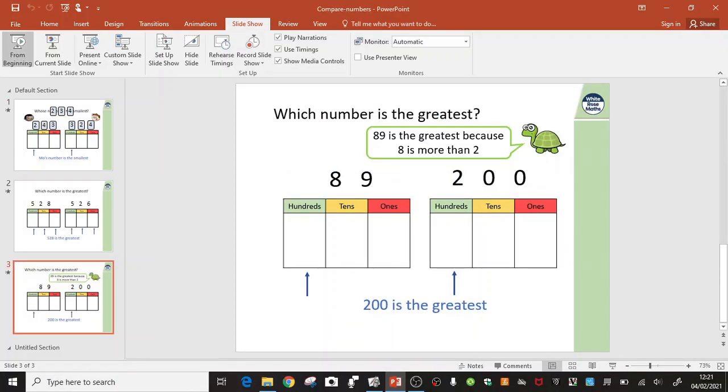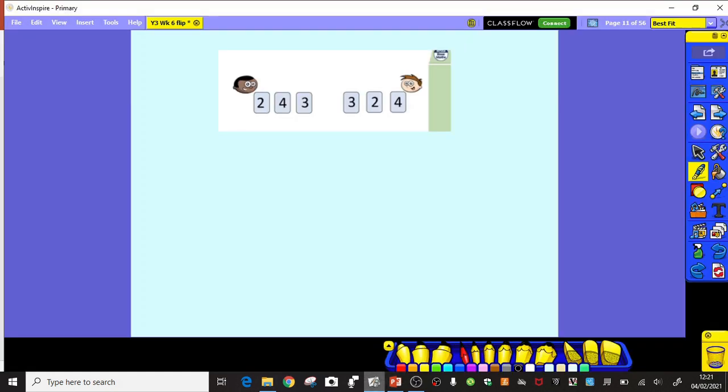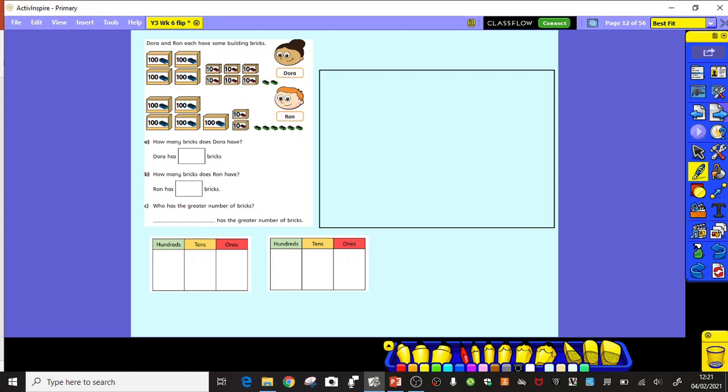Okay, so let's go back to our board. Now, here we've got a quick question for you to have a look at before you do your own tasks. Dora and Ron each have some building bricks. How many bricks does Dora have?